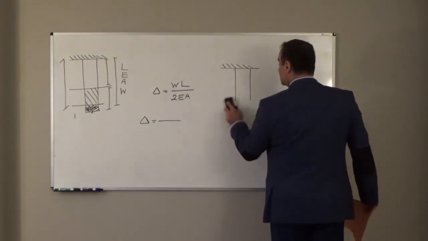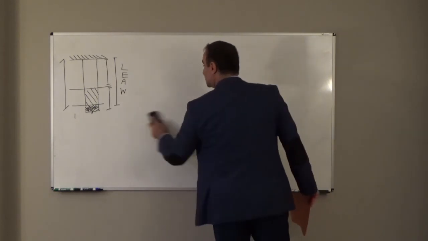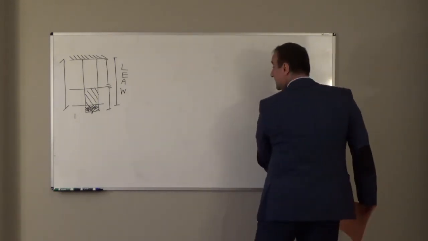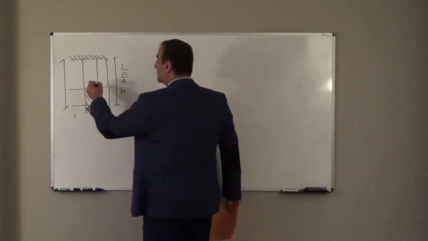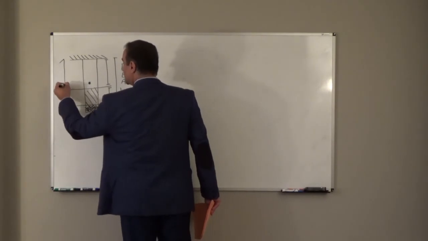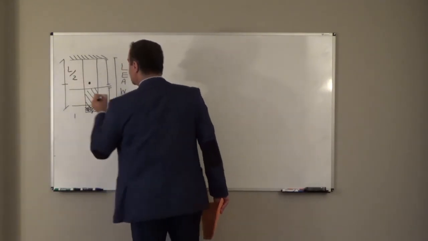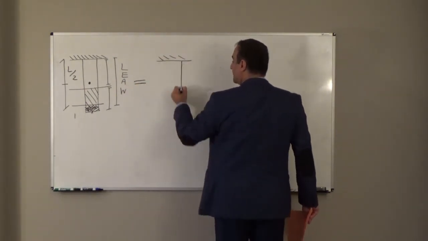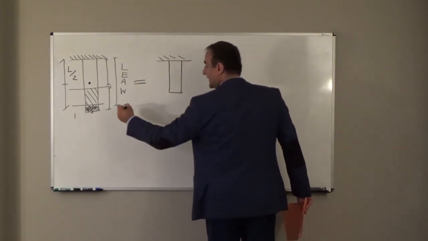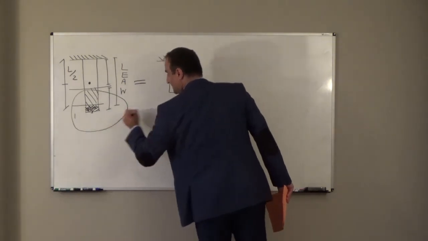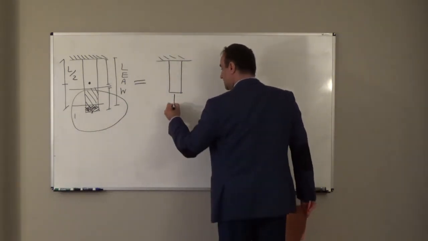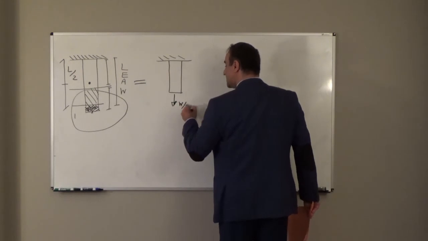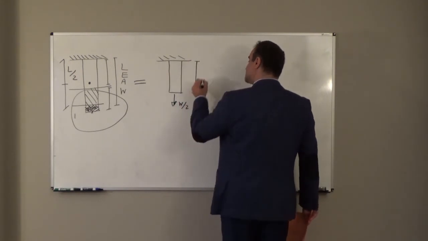Now, what will be the deformation at point 2, the middle of this rod, at L over 2? If I cut it, I have the self weight of this part acting similar to an external load on this length.